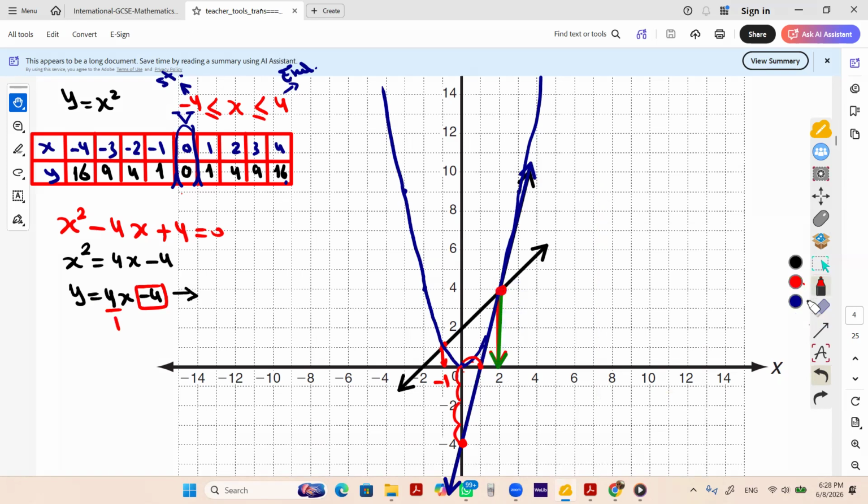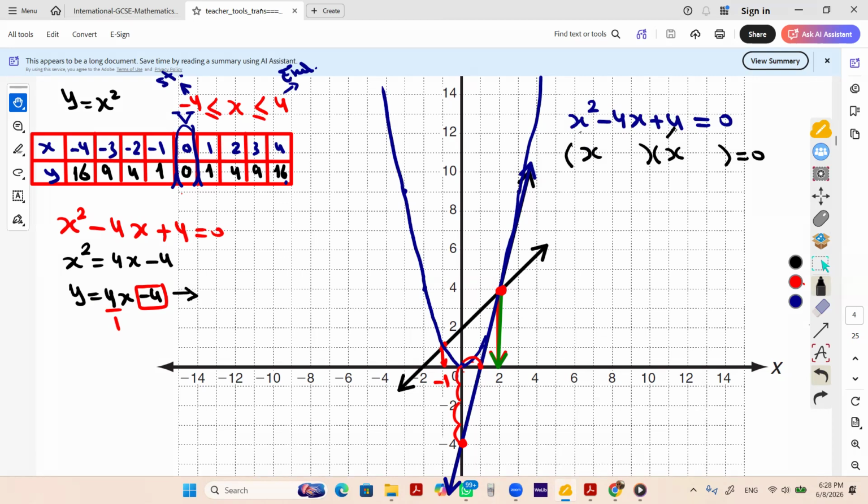If you want to check your answer, take the equation and factorize it. Can you tell me how we can do the factorization, Rashed? We will open two brackets. x squared will be x and x.